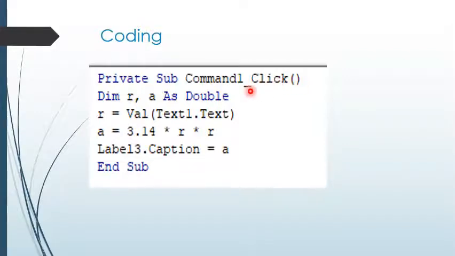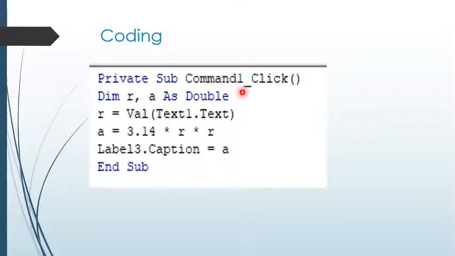This click function is nothing but an event, the click event, which states that when you click on that particular button, Command1, then this code will get executed. So the things which appear between Private Sub and End Sub will get executed when we click on the Command1 button.